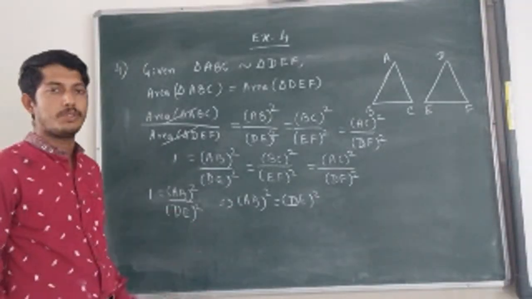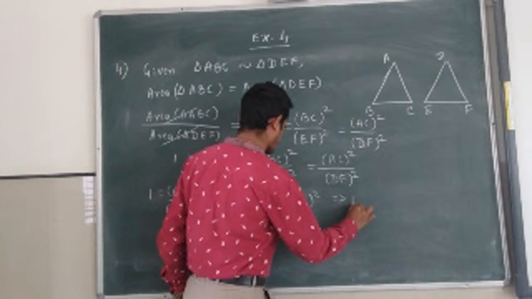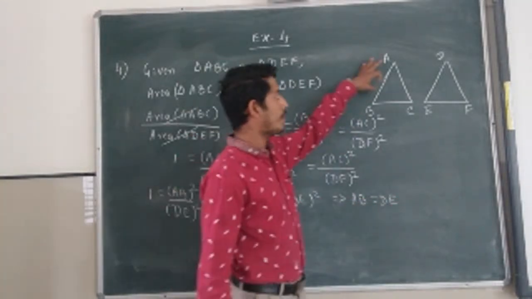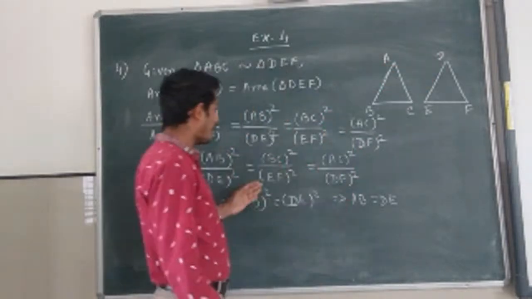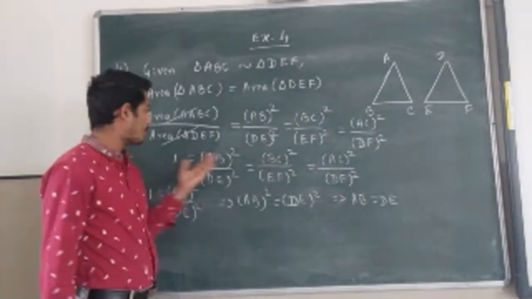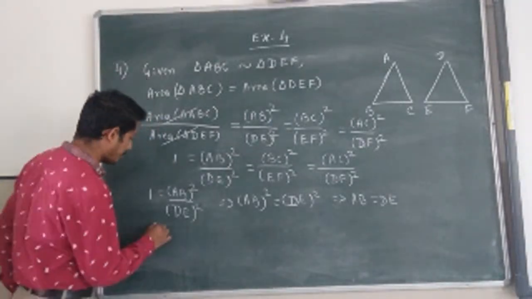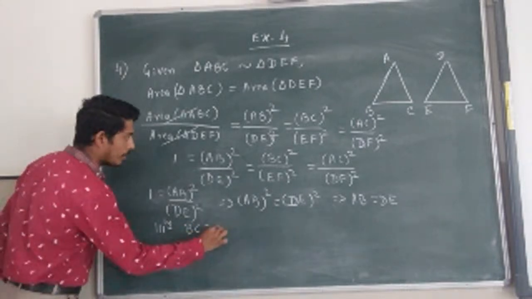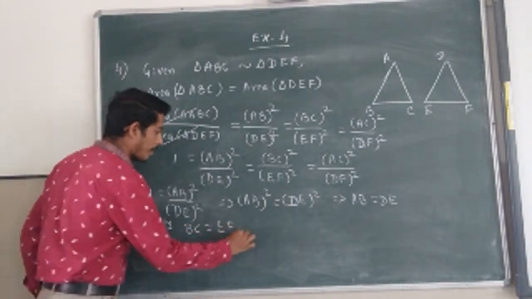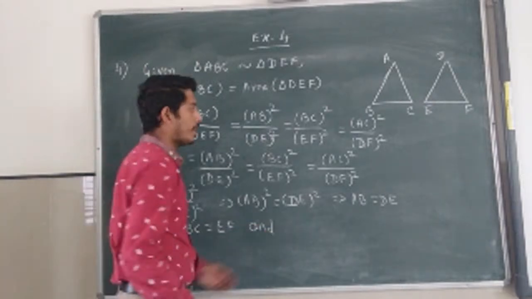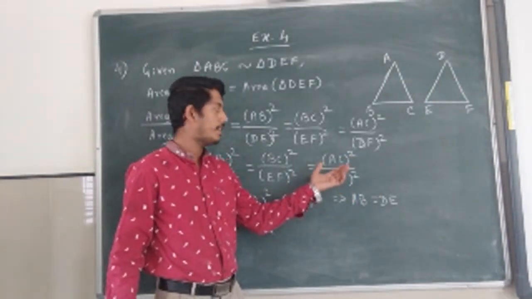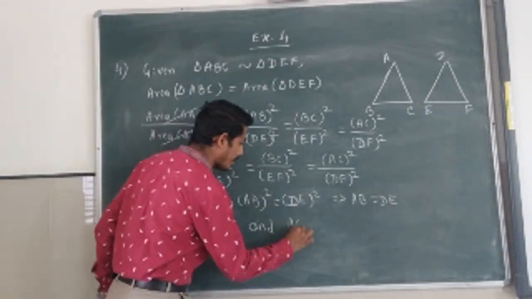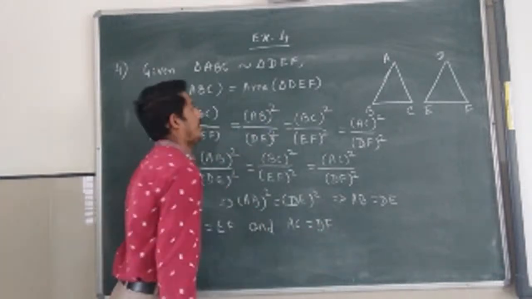When we take the square root on both sides, it gives AB equals DE. Similarly, when you consider BC square divided by EF square equals 1, we get BC equals EF, and when we consider AC square divided by DF square equals 1, we get AC equals DF.